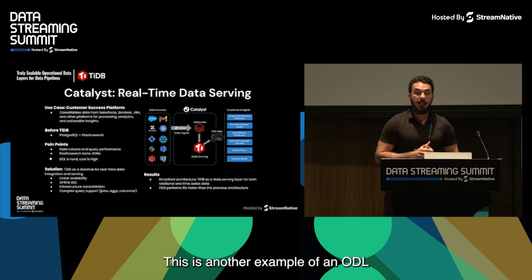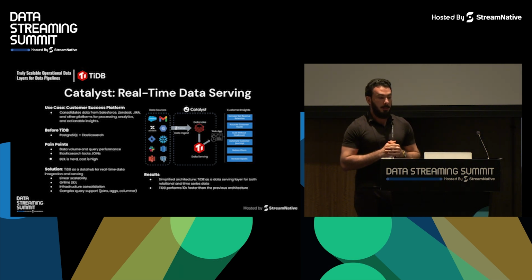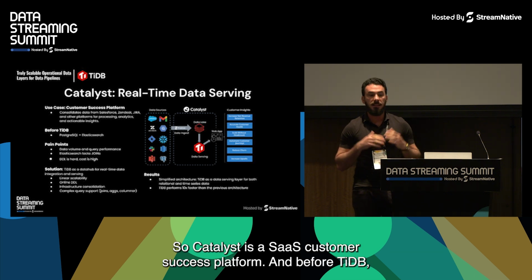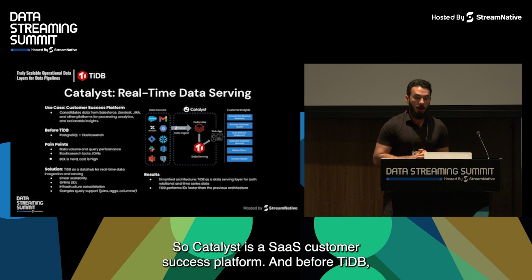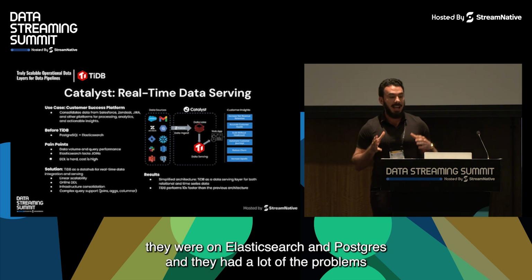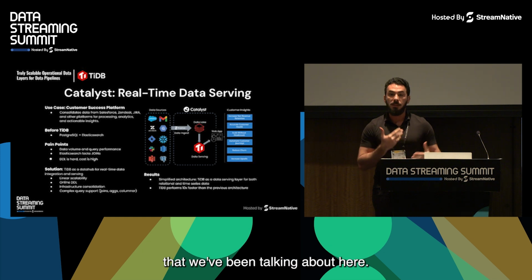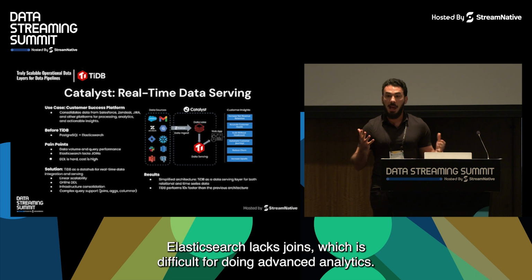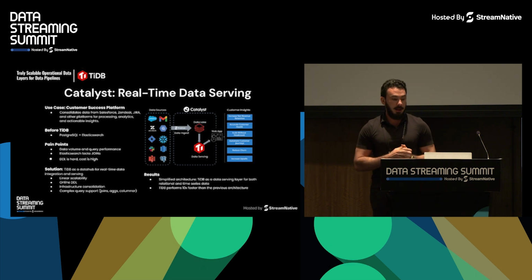This is another example of an ODL in the real world. This is from Catalyst. Catalyst is a SaaS customer success platform. Before Tangibly, they were on Elasticsearch and Postgres, and they had a lot of the problems that we've been talking about here. They had issues with query performance and data volume. Elasticsearch lacks joins, which is difficult for doing advanced analytics.